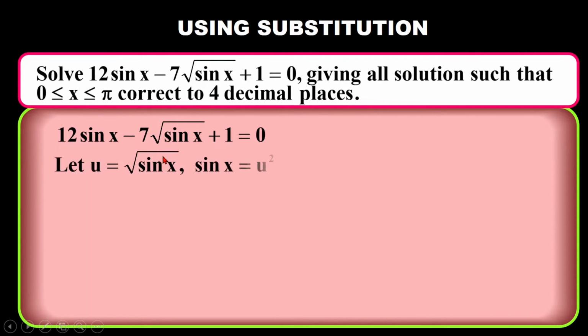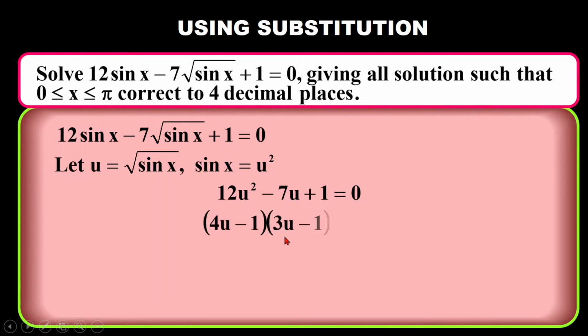So what I'm going to do is substitute something else into the question. For example, I'm going to substitute u equals square root of sine x, and sine x equals u squared. So the place for sine x will be u squared, and the place for square root of sine x, I'm going to get u. I can factorize this now.